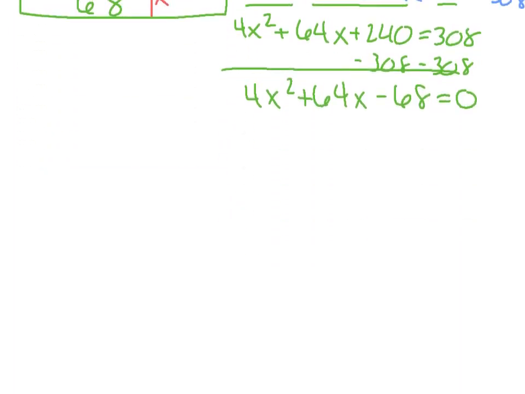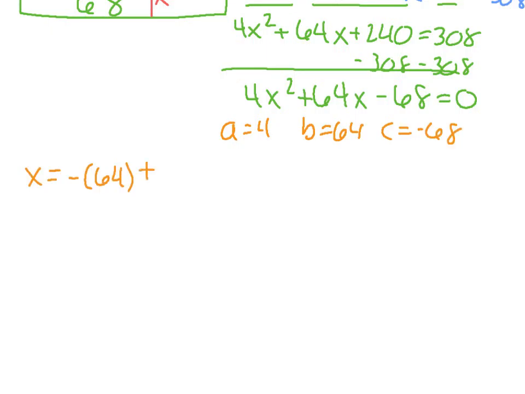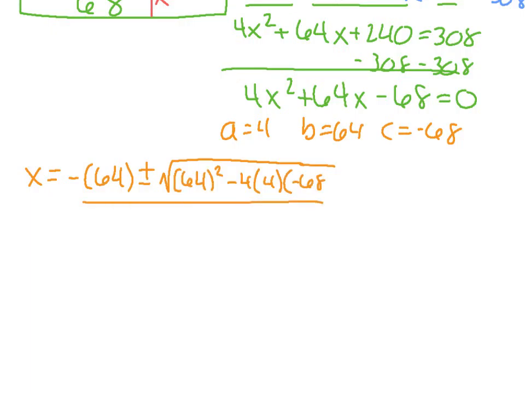So I'm going to have my a equal to 4, my b equal to 64, and my c equal to negative 68. So x equals negative b plus or minus the square root of b squared minus 4ac, divided by 2 times a.